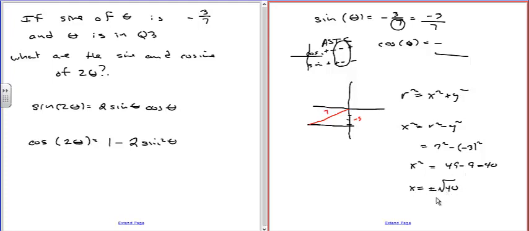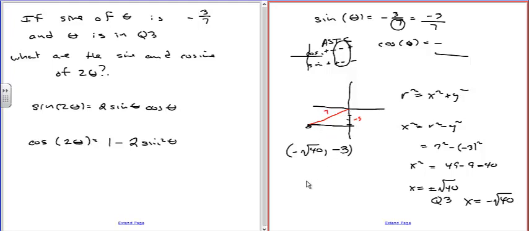But in the third quadrant, x has to be negative, so it's going to be negative the square root of 40. So this point here is the x coordinate, which is negative the square root of 40, comma, -3. If I square this and add to this squared, I'll get 49, square root of 7.